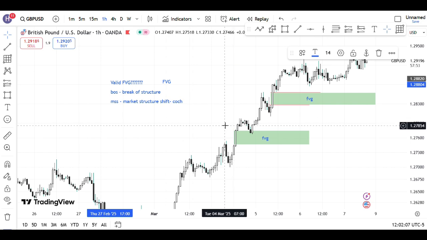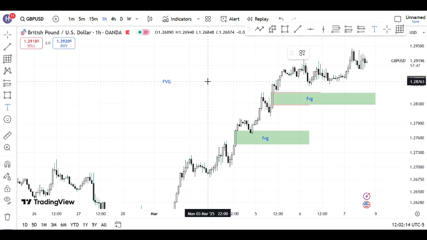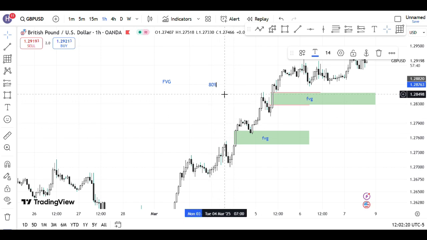It's the same. If we have either of these with a fair value gap, then that fair value gap will be definitely valid. Definitely means at least it's valid more than 80%.